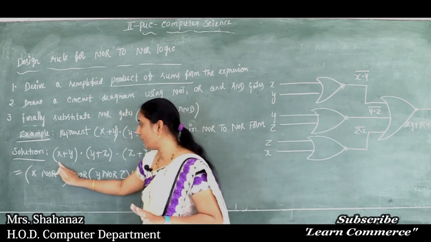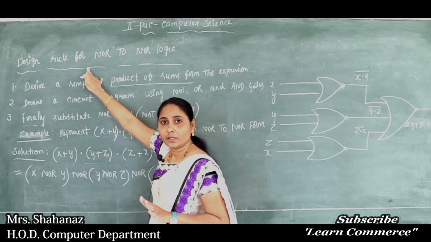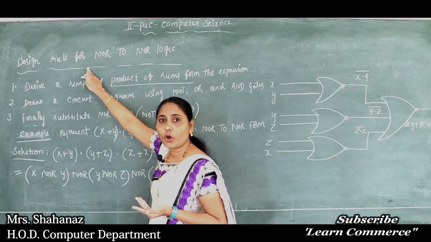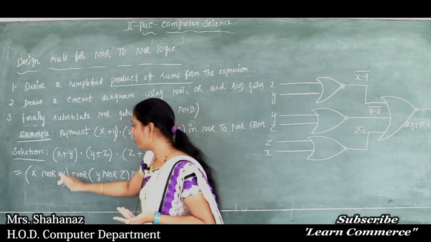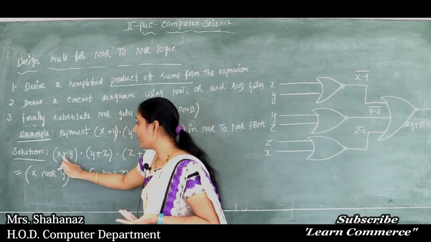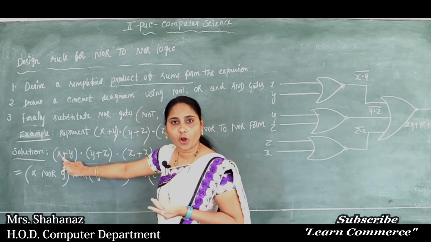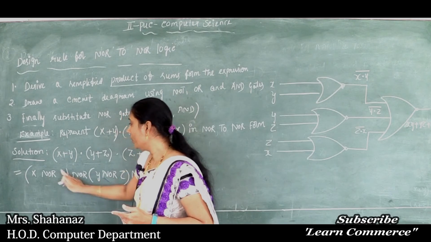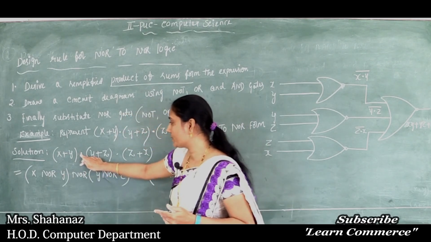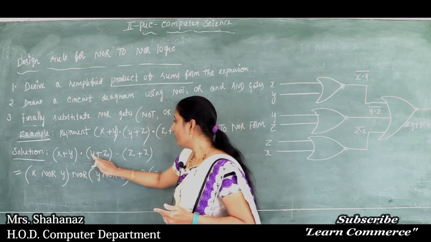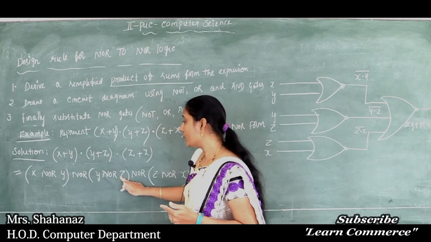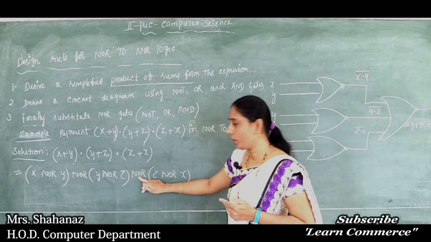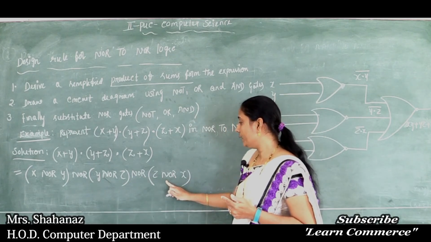Now we know the concept is to replace with NOR logic only. So x plus y is actually an OR, but we need to change it to NOR. So x NOR y, dot symbol, NOR y NOR z, dot symbol, NOR, and lastly z NOR x.